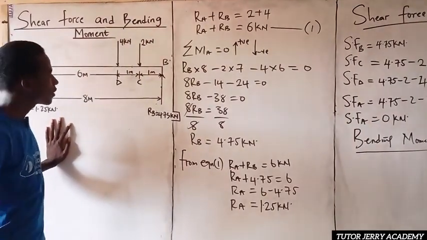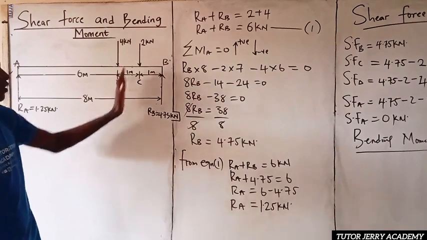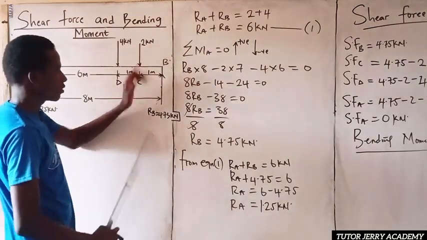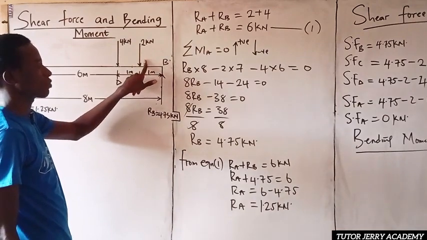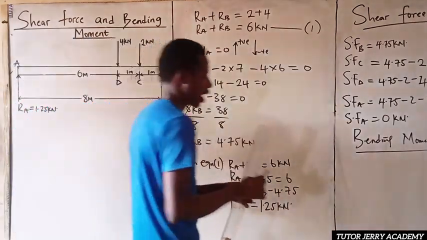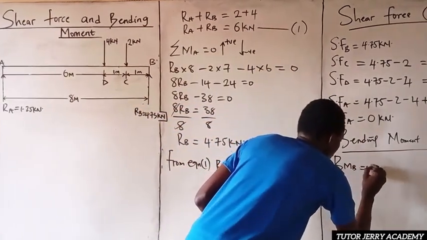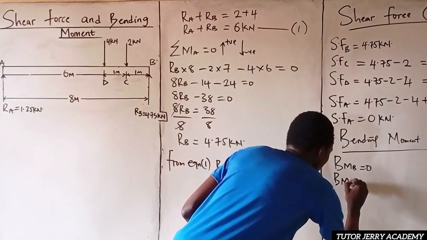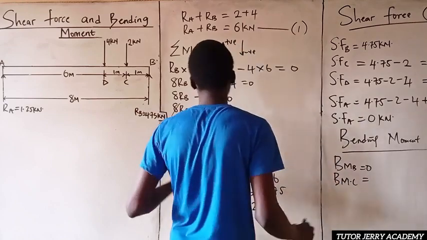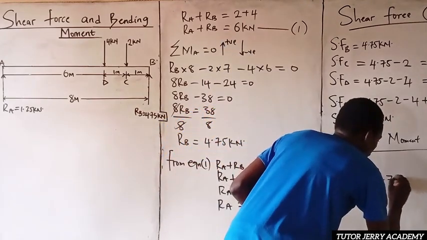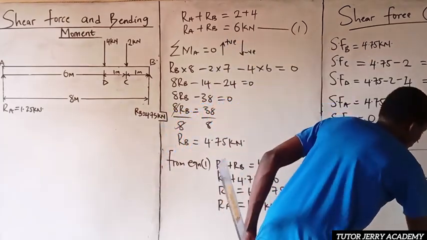So bending moment at C will be nothing but the force times the perpendicular distance. So the bending moment at point C will be 4.75 multiplied by the distance, which is 1 meter. So our bending moment at point C will be equal to 4.75 multiplied by the perpendicular distance, which is 1.